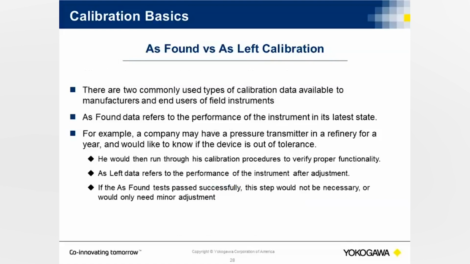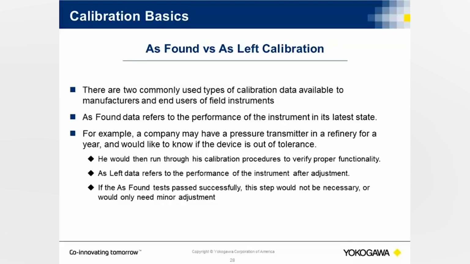So when we get to calibration, we come across two commonly used and probably commonly heard terms: as found and as left calibration. These are the types of calibration data available to manufacturers and end users of field instruments. As found calibration refers to the performance of the device in its latest state, either from being out in the field for many years, or being commissioned straight from the factory.